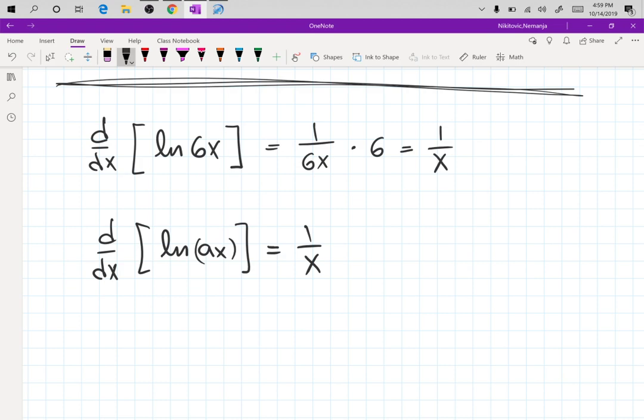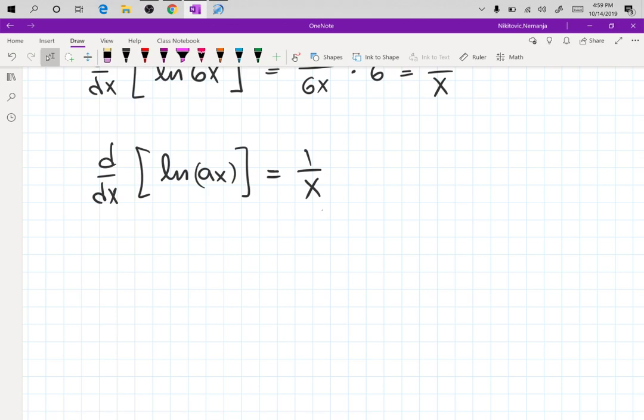Until you realize, using the properties of logs, that this thing here is ln of a plus ln of x. And what's ln of a? Like ln 6. Is it a function? No, it's a constant.